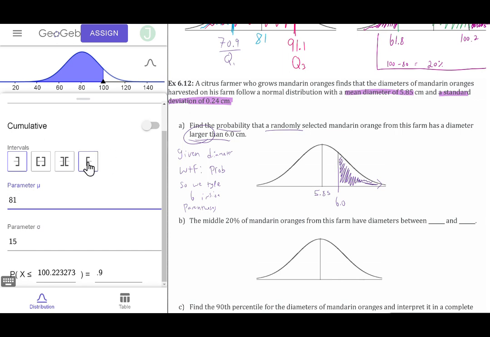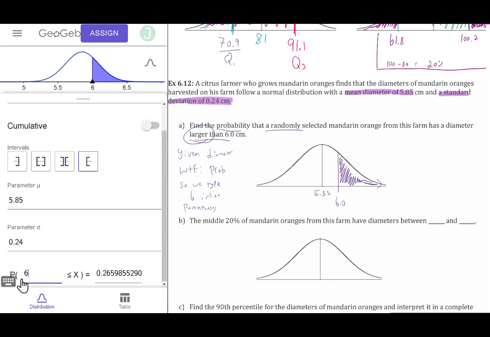We're going to shade to the right, again, because it says larger. The mean is 5.85. The standard deviation is 0.24. And again, since we are given the size of the orange and we want to find the probability, we're going to type 6 inside the parentheses, and our answer will be 0.26598.